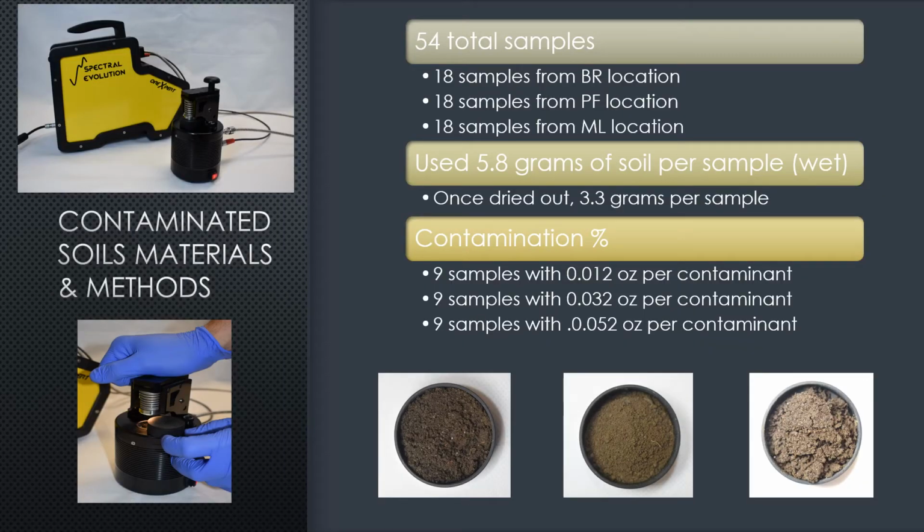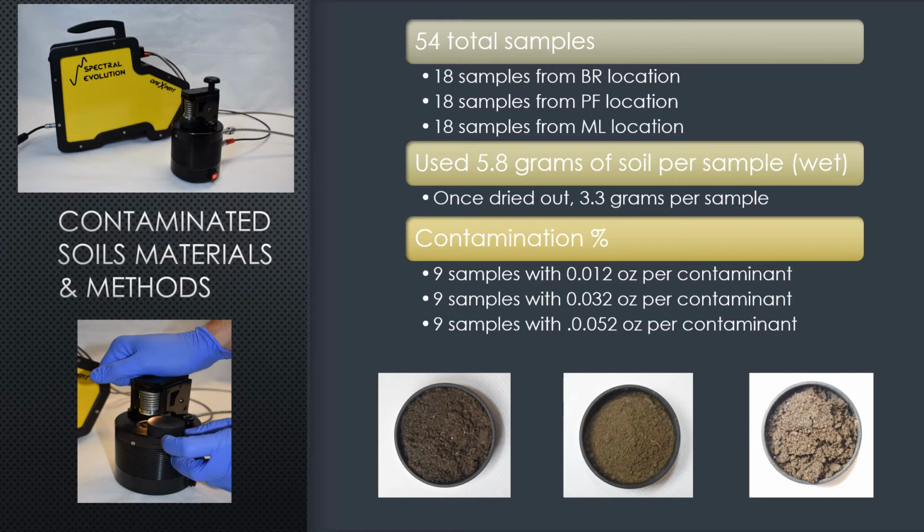The materials and methods for contaminating these soils: I had 54 total samples, 18 from each location. Once these were dried out in the oven, I had about 3.3 grams of each sample.